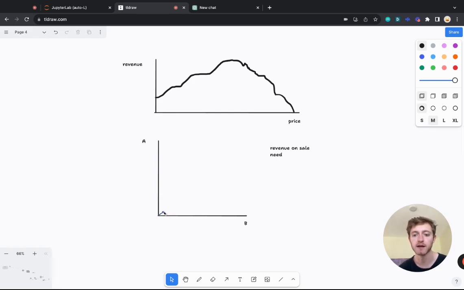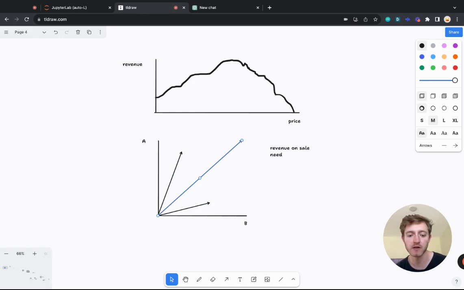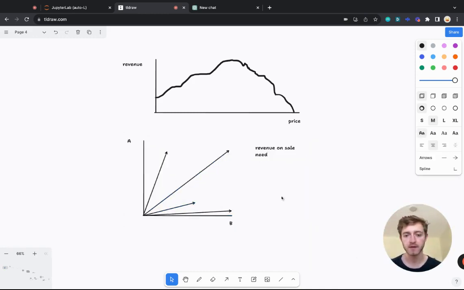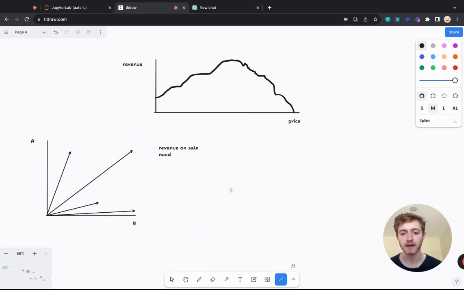And there are multiple customers, so we can just arrange them like so, and maybe it looks something like this. So here's our landscape, and all of this information comes together to spit out on the other side the price for the customer.